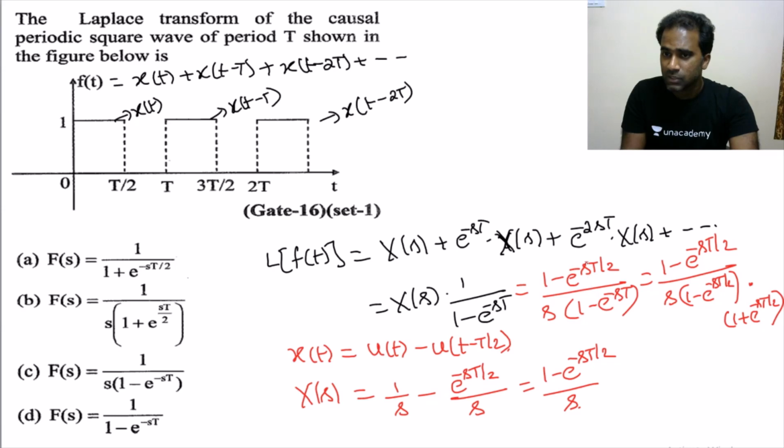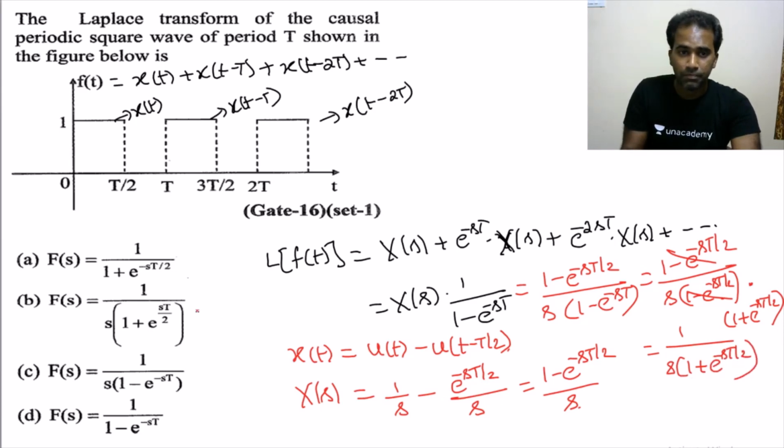Whatever is the value here, the square of that value is here. So if this is 1 minus a square, we can write it as 1 minus a into 1 plus a. So numerator and denominator get cancelled. What remains is 1 divided by s into 1 plus e power minus sT by 2. There is some cancellation as well in this problem. Not always. In every problem, there need not be cancellation. In this case, it is happening. So the answer is 1 divided by s into 1 plus e power minus sT by 2. 1 by s is also there, right?